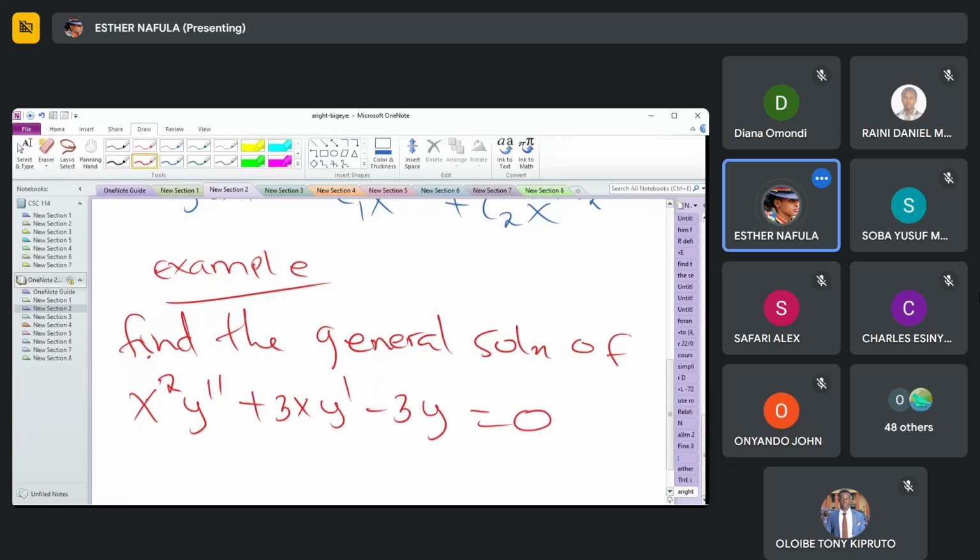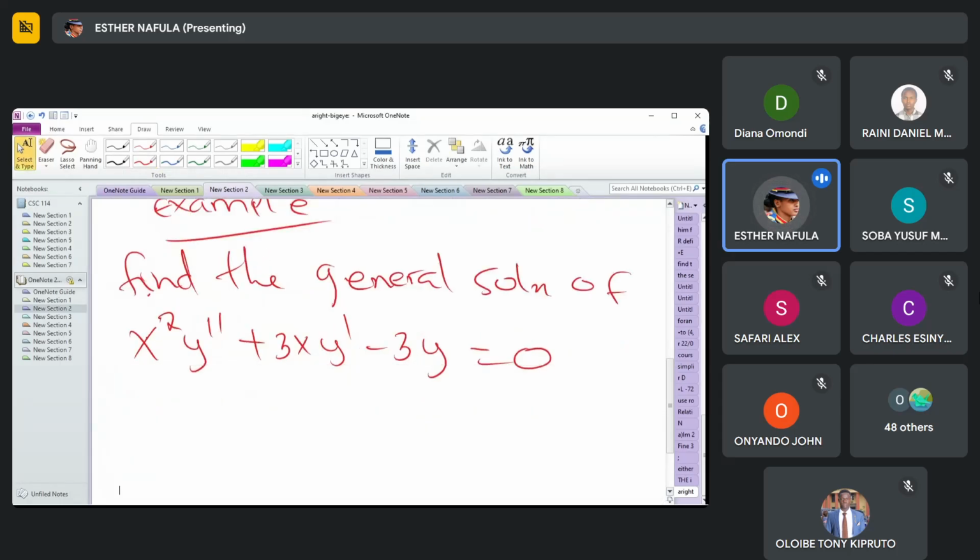Clearly it's Cauchy-Euler because the coefficient of y double prime is x to the power 2, so the power matches the derivative. The coefficient of y prime is x, and the coefficient of y is a constant. So to solve this, you assume a general solution y of x equals x to the power m.